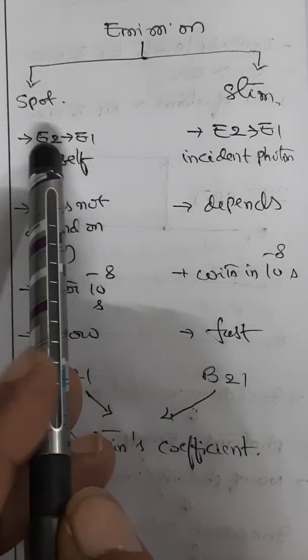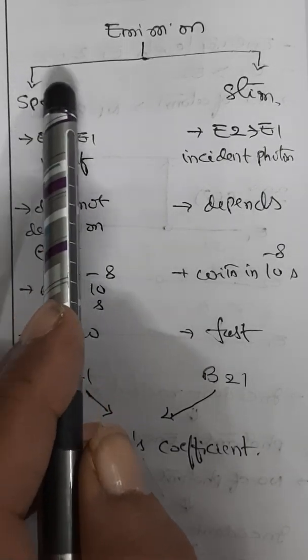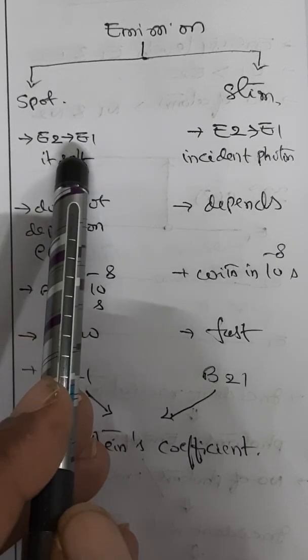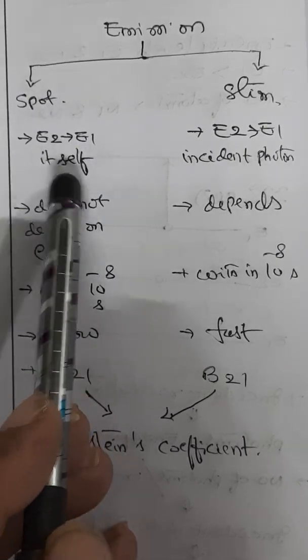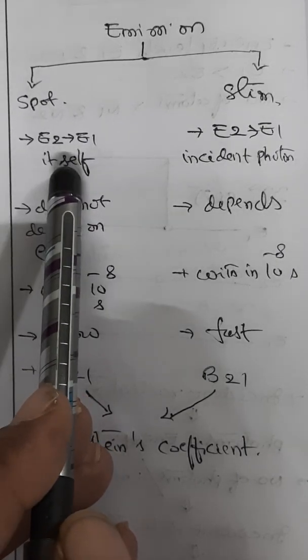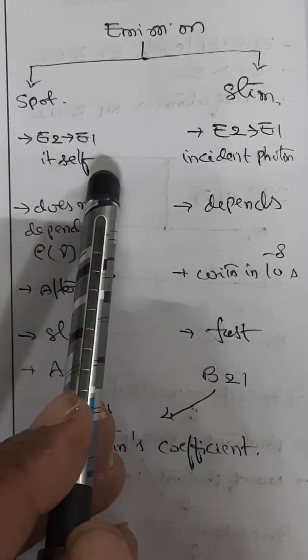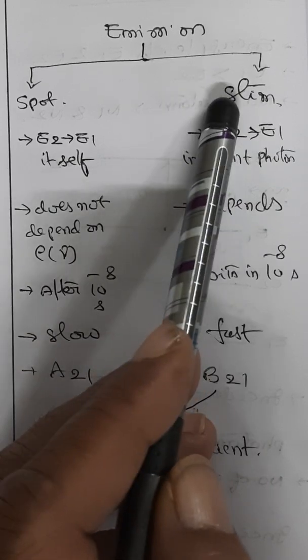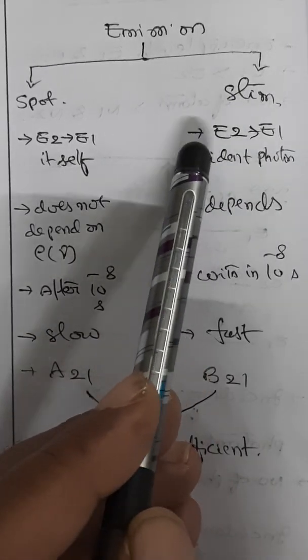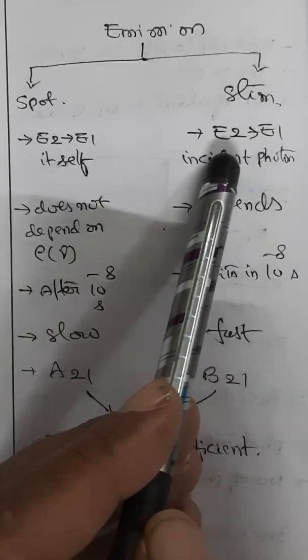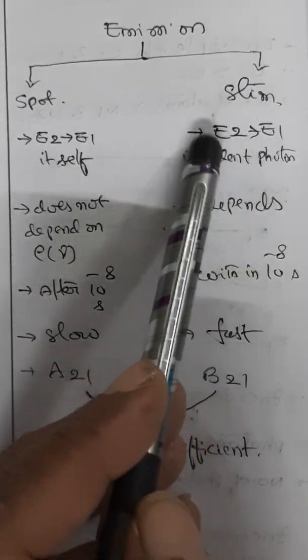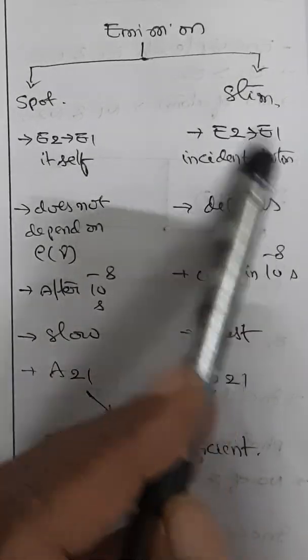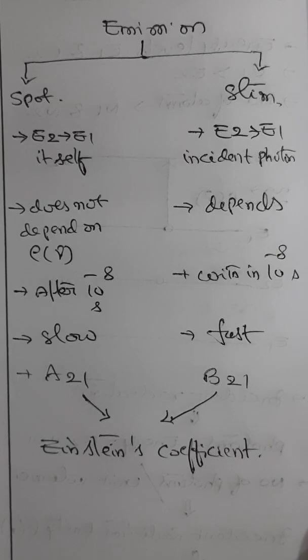Nobody is forcing it. On the contrary, in stimulated emission, the atom in a higher energy state is stimulated by the incident photon and transits to the lower energy state.